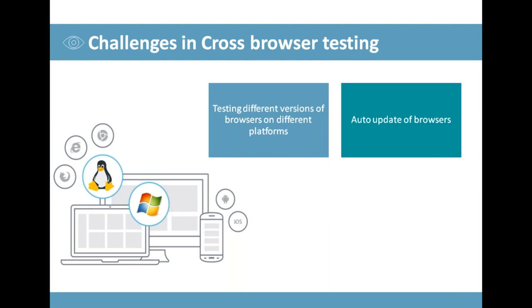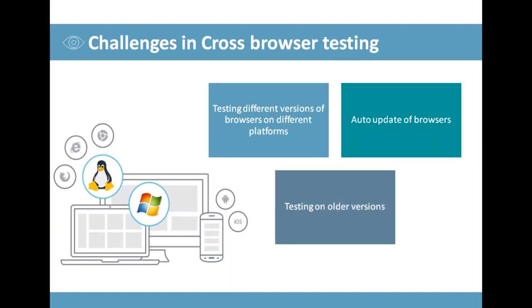The second one is auto update of browsers. We have seen even if you manually install some browsers on your device, automatically it will get updated to a new version whenever it is pushed. So you will not be able to maintain the history. You will not be able to maintain the old versions there. That's one of the challenges we are seeing in the industry.